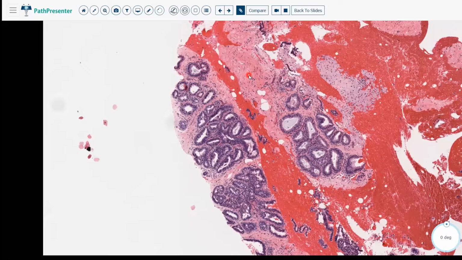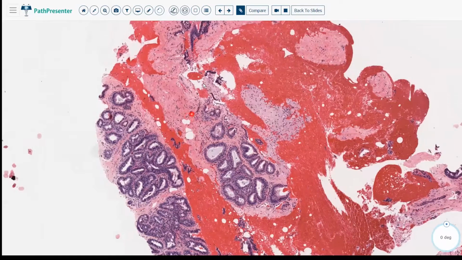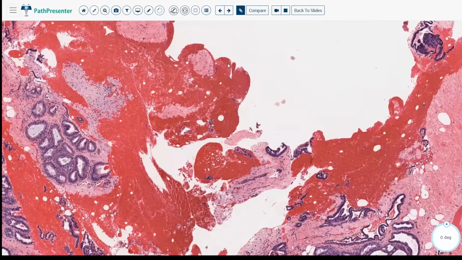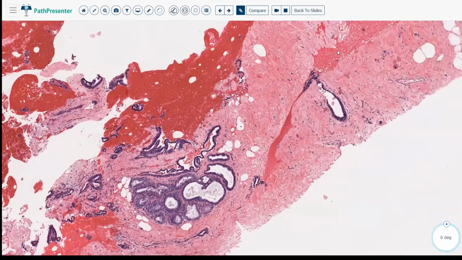Sometimes it is not very wise to link yourself to one single diagnosis and say it's a sclerosing adenosis, and that's it. No, it is not. In real life you have to be descriptive as much as you can.